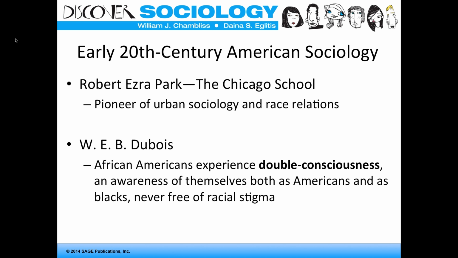So we're going to move forward now into the early 20th century, and this is where American sociology really takes hold. Robert Ezra Park, he came from the Chicago School of Thought. He actually worked with Booker T. Washington at the Tuskegee Institute for a while, and he really was interested in urban sociology, specifically race relations and how it played out.